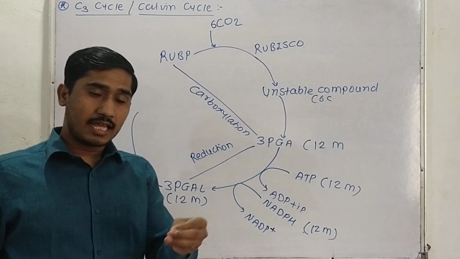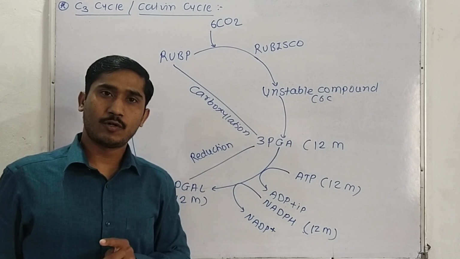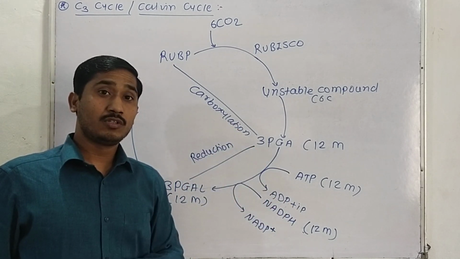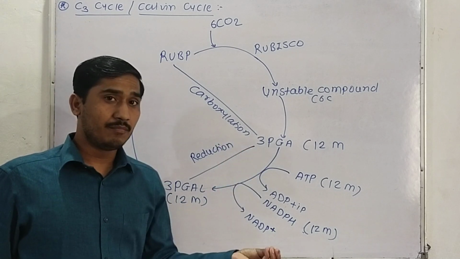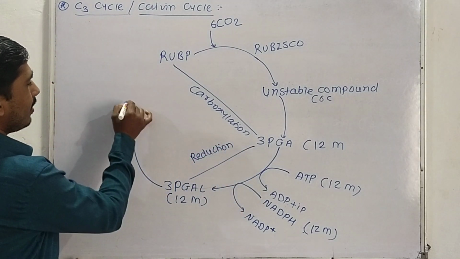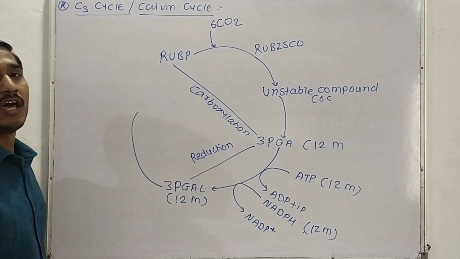Several intermediate products like xylulose 5-phosphate, erythrose 4-phosphate, ribulose 5-phosphate, pseudoheptulose 7-phosphate, RuMP, like this. But as per NCERT, there is a direct regeneration of PGAL into RuBP.